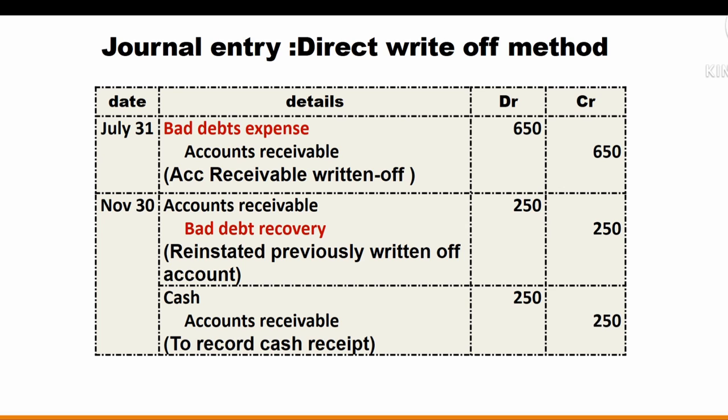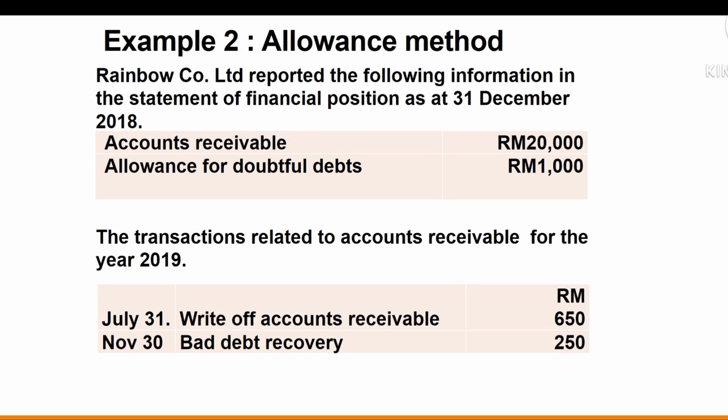And now we look at the second example, where we use the allowance method. Rainbow Company Limited has the balance of account receivable from last year and also has allowance for doubtful debts of 1,000. So it means that the company is using the allowance method.